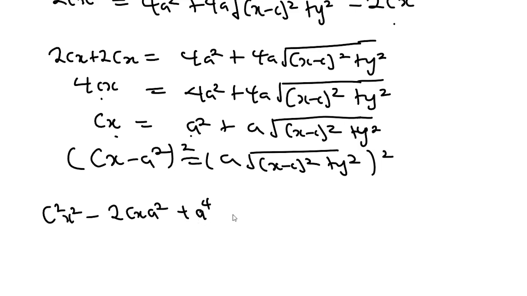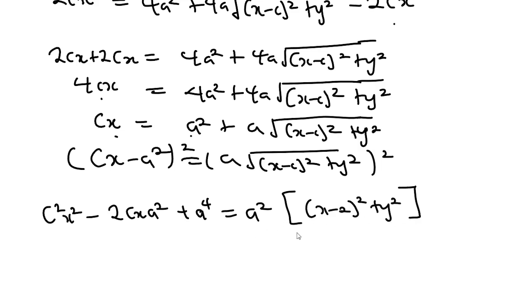Then this side will give us a squared, then this will go, so we'll have x minus c squared plus y squared.